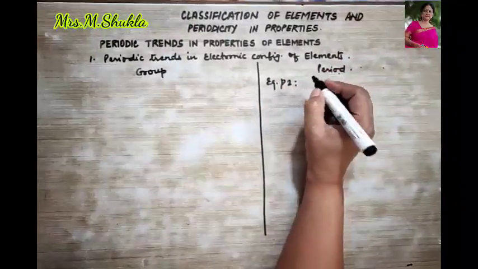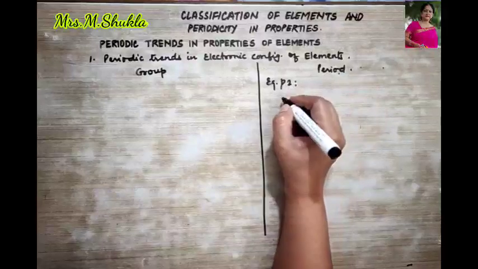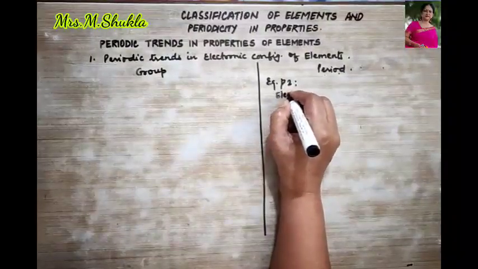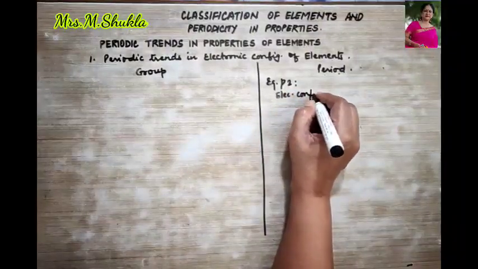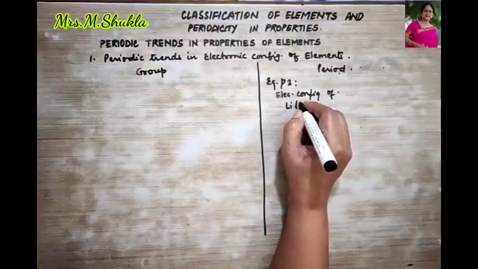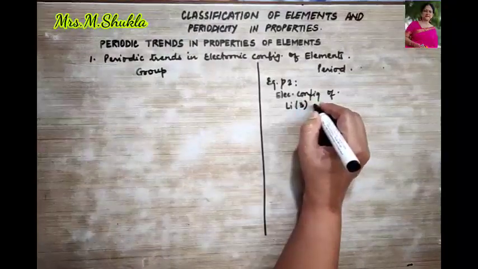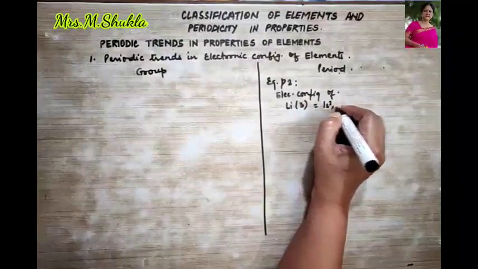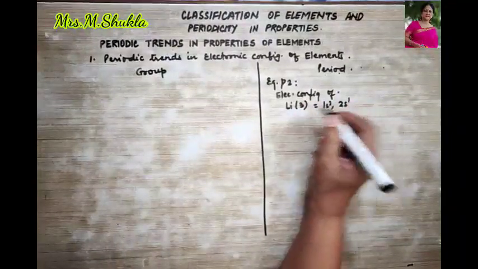Okay, so the electronic configuration of lithium, which is 3, is 1s2 2s1.